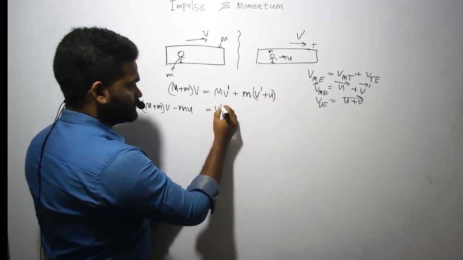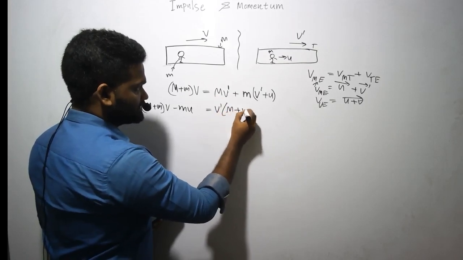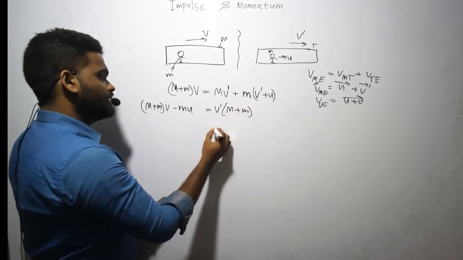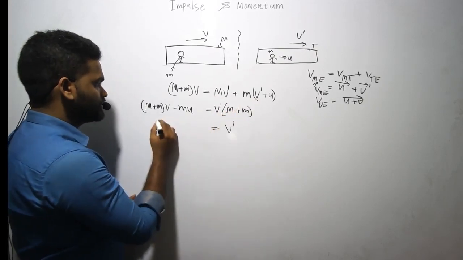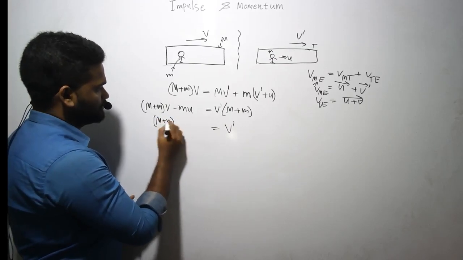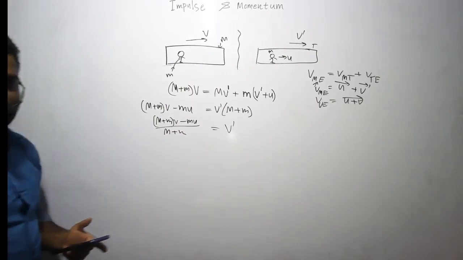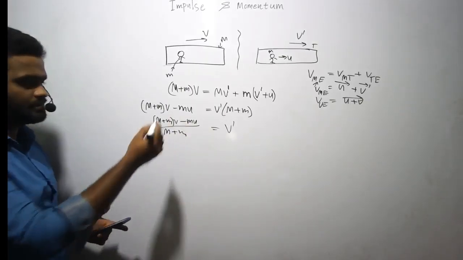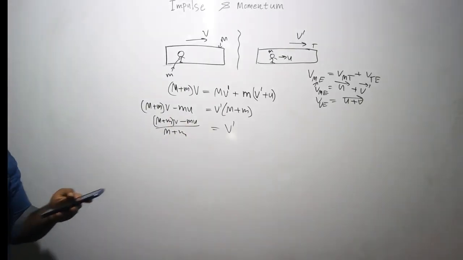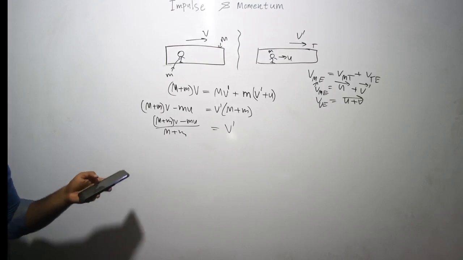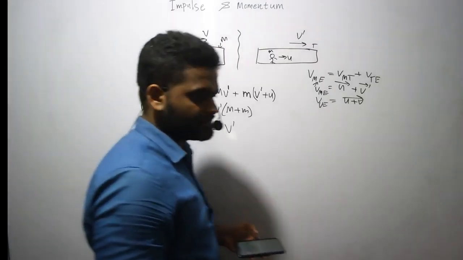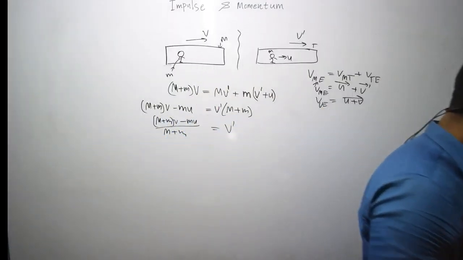Then take v dash out, you get capital M plus small m, v dash. Then just divide by this one: minus mu divided by M plus small m. So that is the velocity of the trolley after the man starts moving.